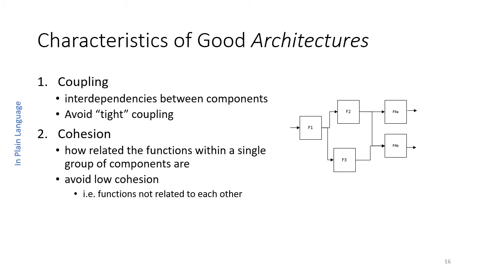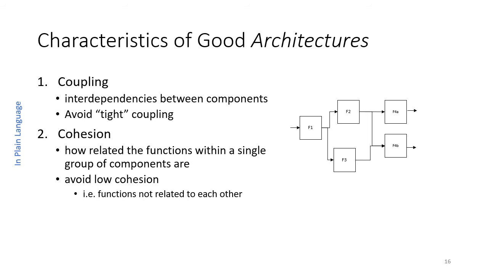You can imagine that if you have a component that fails, that will cause all the downstream components to fail. Or if you have a component that generates inaccurate data, all of the systems that are connected to it, coupled to it, would pick up that information as well. So tight coupling is something that should be avoided.